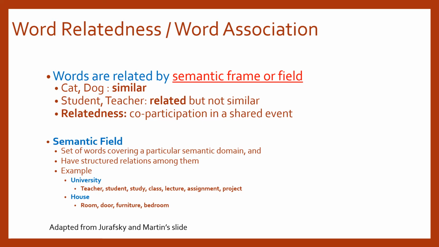For example, student and teacher are not related in the same way as cat and dog. Cat and dog are similar words, but student and teacher are not essentially similar words, because they don't have a similar kind of role to play.